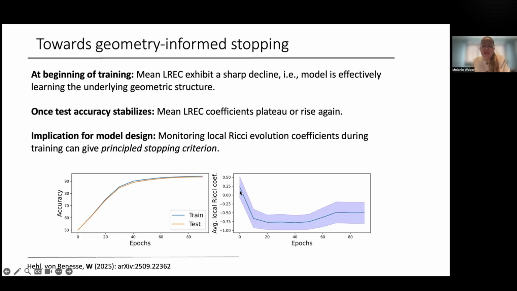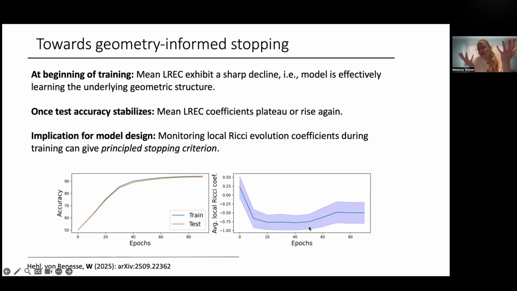Remember, the local Ricci evolution coefficient is what we expect if we have Ricci flow type behavior. And this coefficient gets more negative as the network learns. And then once the accuracy stabilizes, the correlation coefficients also stabilize.